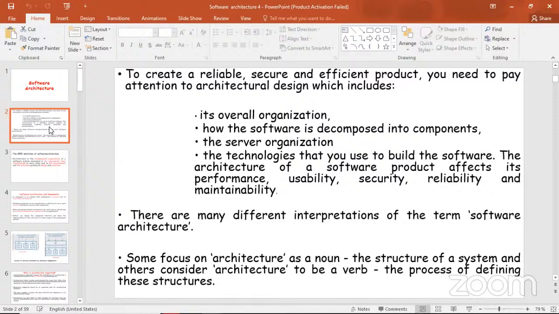Now, how the software is decomposed into components, how each of these places that you called in your building, how they are decomposed. Of course, you cannot just have a huge space and you now probably put your stove and stuff by one corner and you call it kitchen. No, it has to be demarcated with some maybe wood or blocks to at least make it stand out or stand alone component.